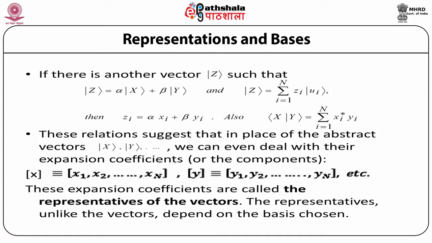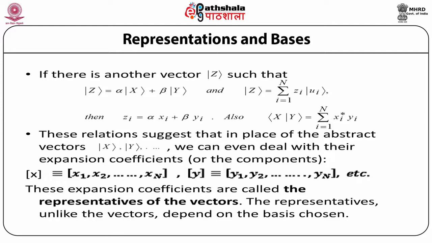Now, suppose we have another vector, ket vector z, such that this ket vector z can be expressed as a linear combination of the ket vectors x and y, and is given by the equation ket vector z is equal to alpha times ket vector x plus beta times ket vector y, where alpha and beta are coefficients which may be complex variables.